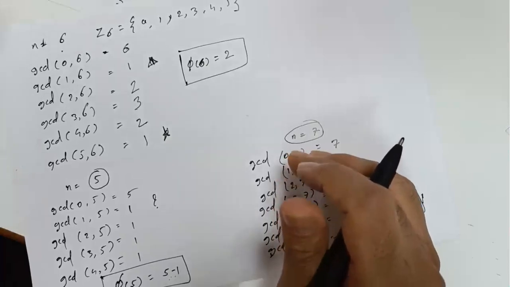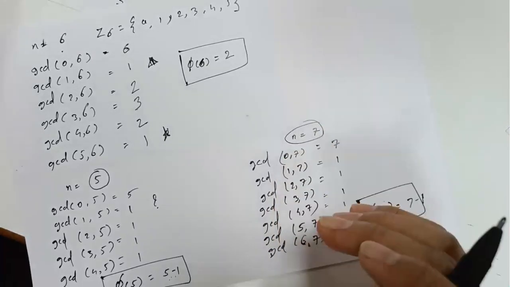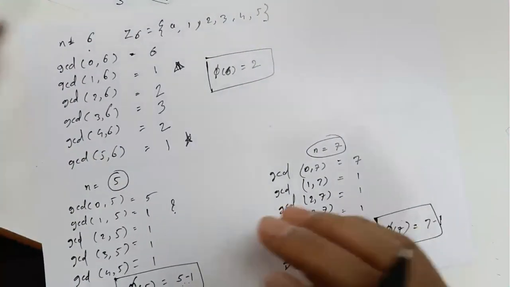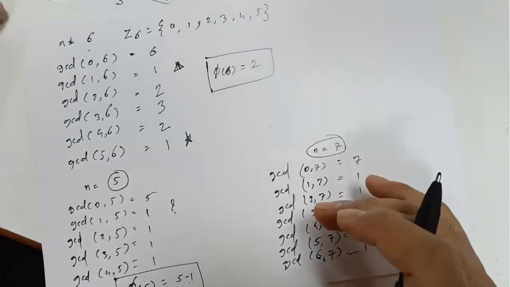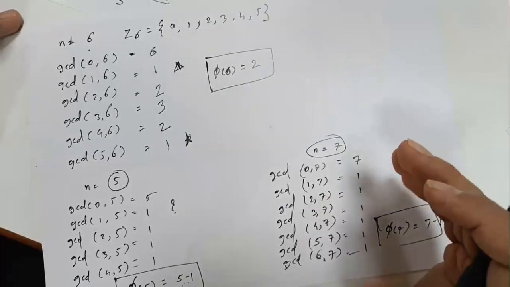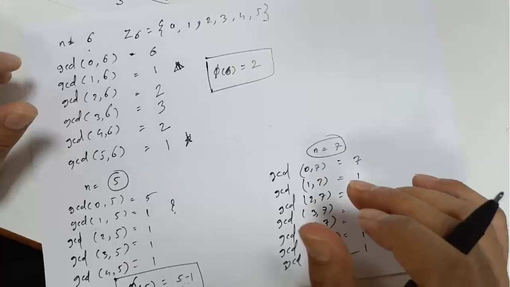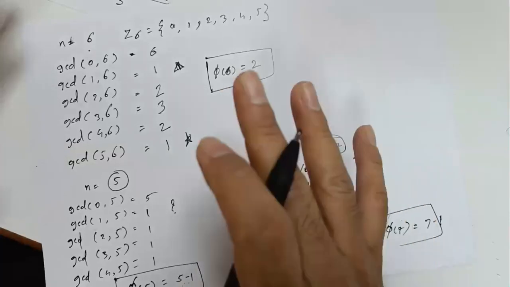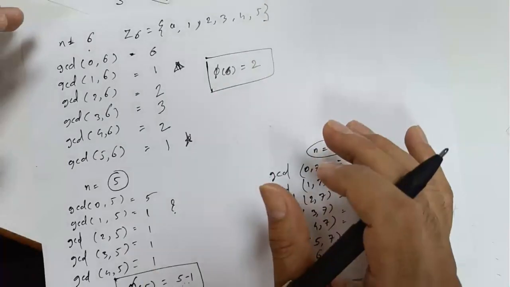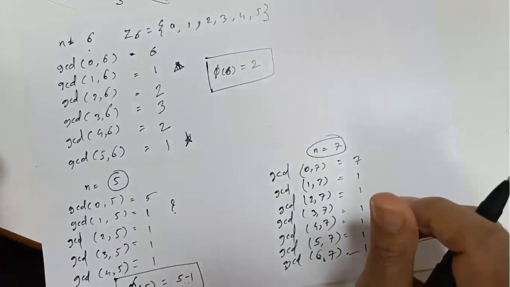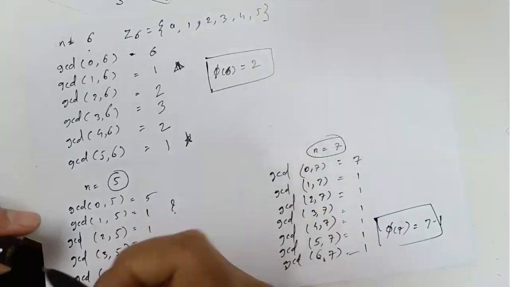So these are some applications of public key cryptography, and whatever we have seen up till now, co-prime numbers, the Euclidean algorithm, and the phi function, are the base for public key cryptography. I'll try to implement whatever we have seen here in the next lecture. If you have any doubts, please let me know.